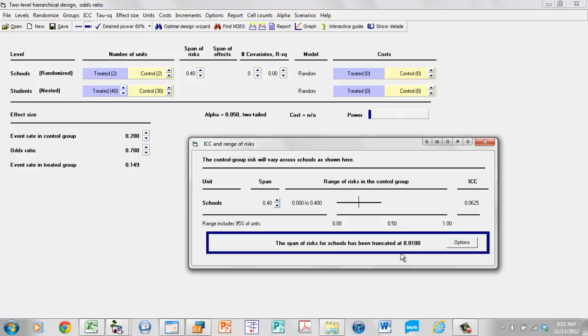In the logit metric, these are very large differences. So as this gets closer and closer to zero, what we're saying is that the variance of the risks is much higher, and therefore the impact on power is going to be substantial. As you go closer and closer to zero, power is going to get lower and lower.